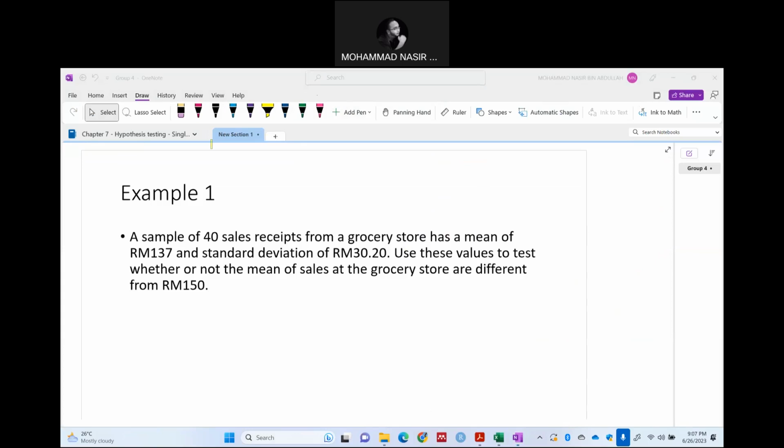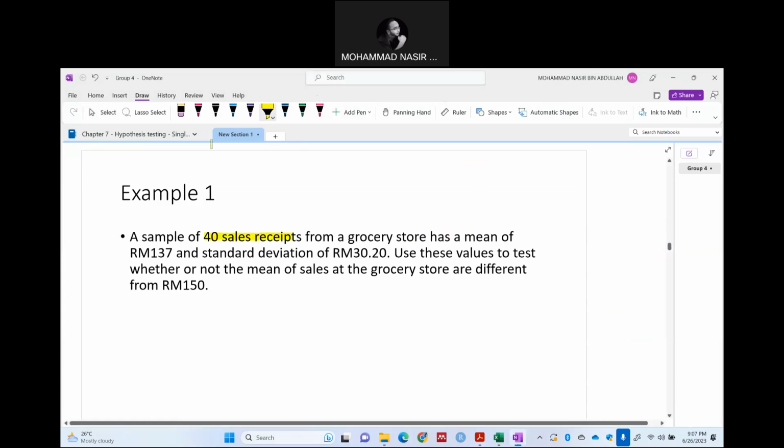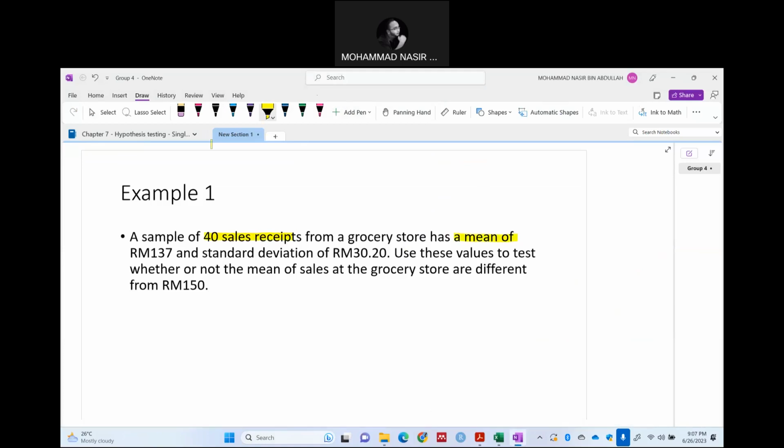Right. So example number 1. A sample of 40 sales receipts from a grocery store has a mean of 137 ringgit and a standard deviation of 30.20. Use this to test whether or not the mean of sales at the grocery store is different from 150.